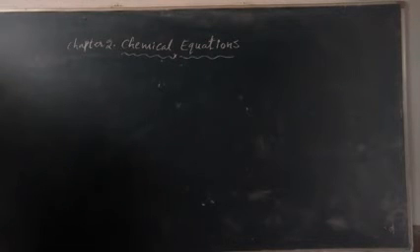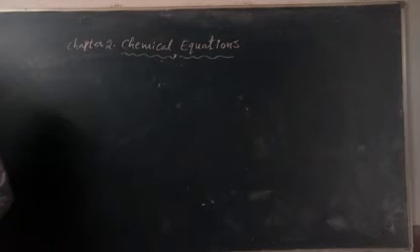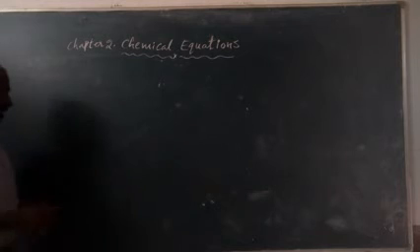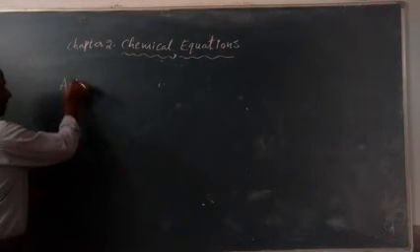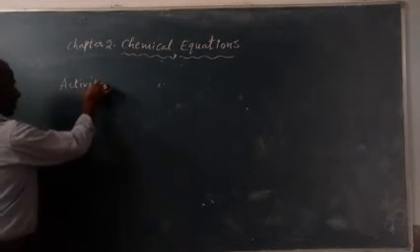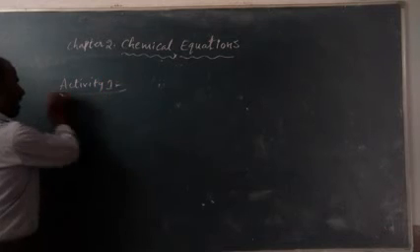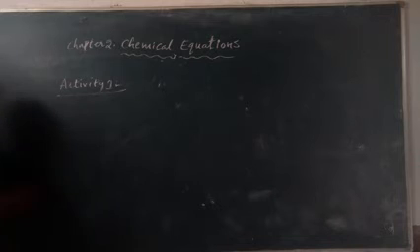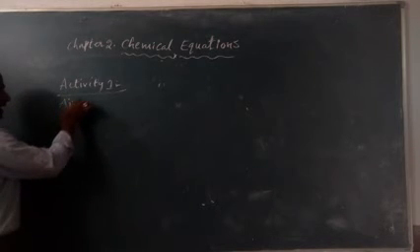Till now we have completed some of the introduction to chemical reactions. Now we are going to talk about the activities. What is the first activity? In this activity 1, how do we have to write the activity? First, we have to write the aim.